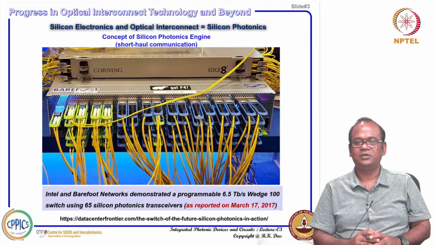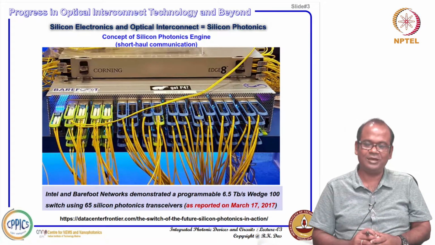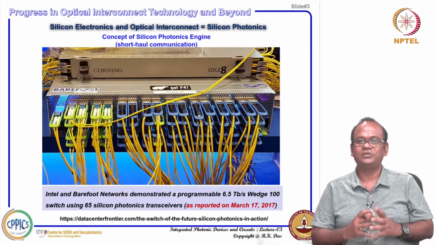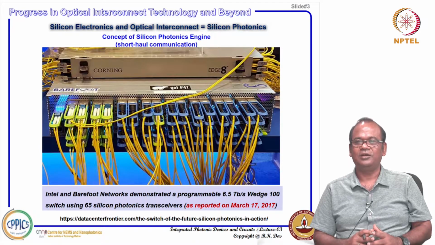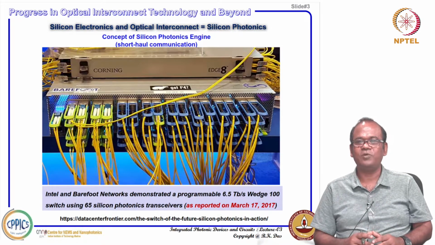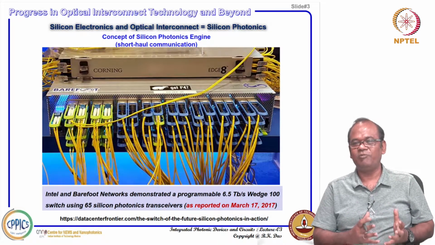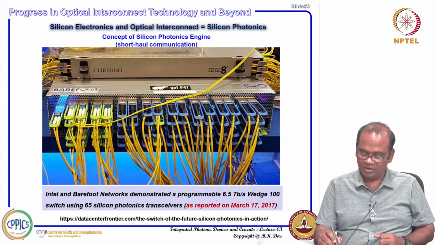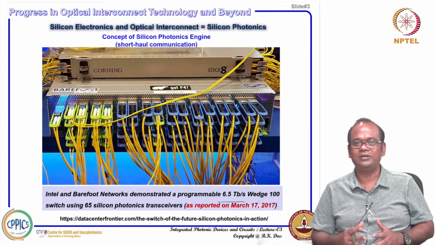I will discuss in due course how silicon photonics technology evolved, in another lecture. But here I would like to show you that Intel's huge investment in silicon photonics technology gave them an edge so that they could demonstrate this. This picture I have shown you earlier, just repeating it here, to give you a feeling of how this technology is being used for a data speed of 6.5 terabit per second, different colors, different switch transceivers.